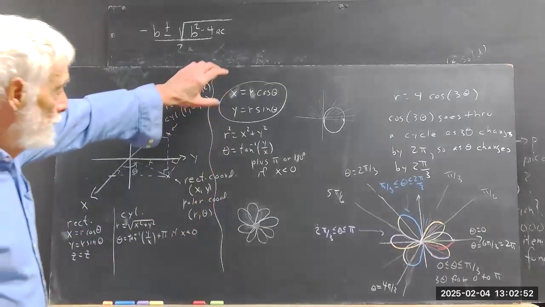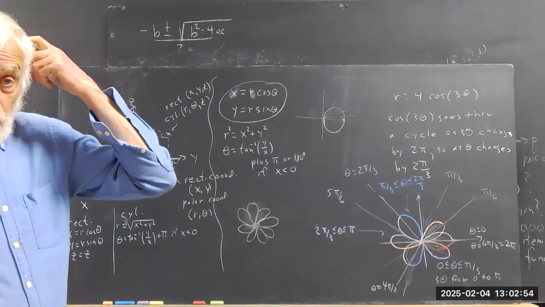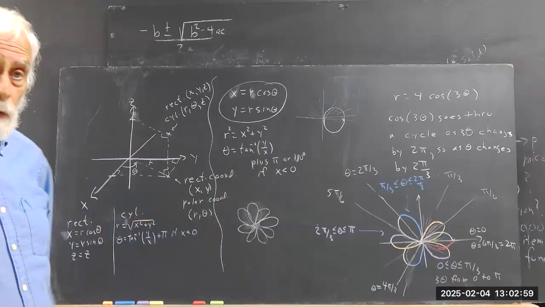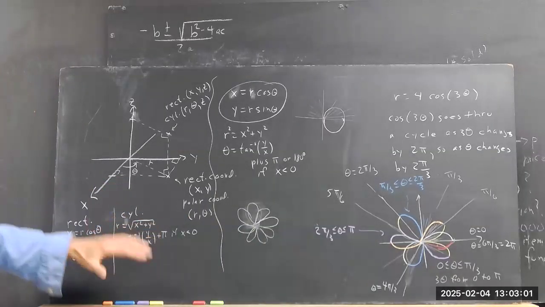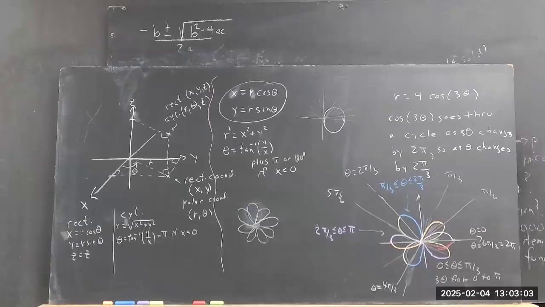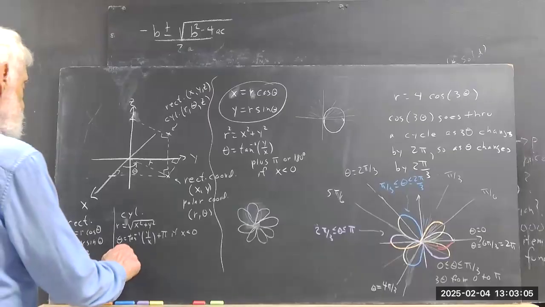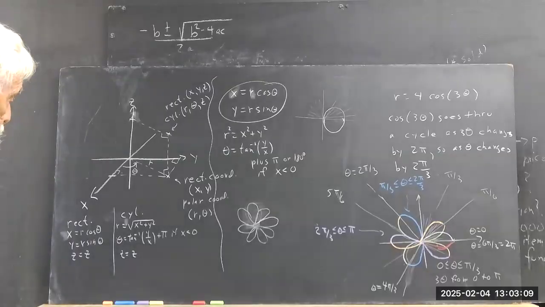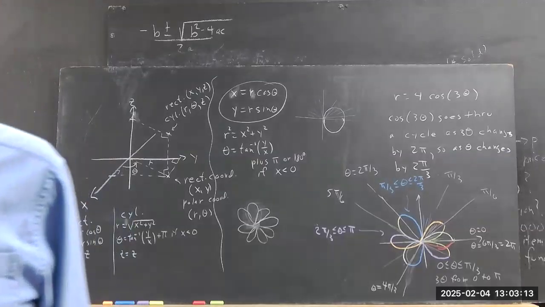Exactly the same relations between your x and y coordinates and your r and theta coordinates that you have for polar coordinates, because it is just polar coordinates in x and y. And then z equals z. Okay. And that's pretty simple.